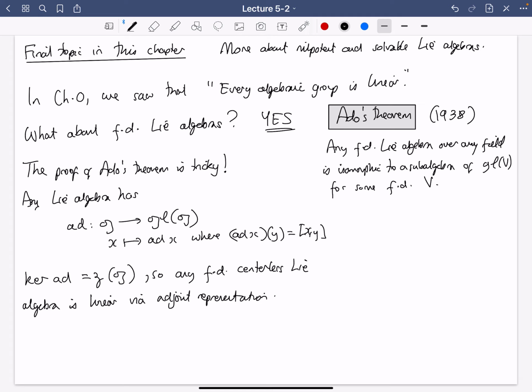Every finite dimensional semi-simple Lie algebra is linear immediately, just by this adjoint representation. So, in that case, we really don't need Ado's theorem, and maybe it's also worth remembering that all algebraic Lie algebras are linear. I mean, Lie algebras that are the Lie algebras of some algebraic group. So that's already known too.